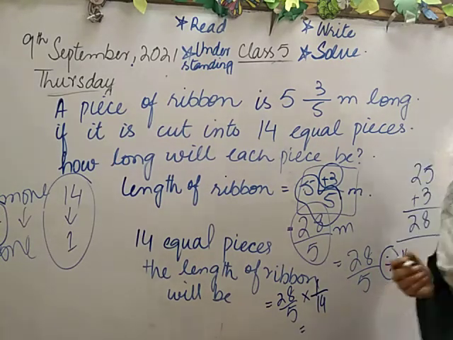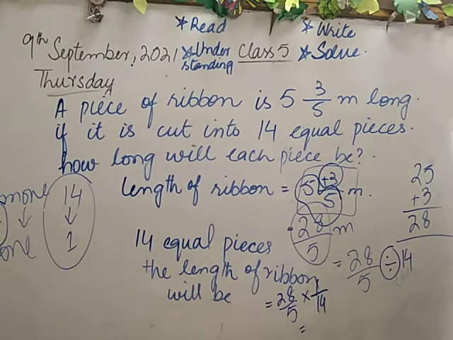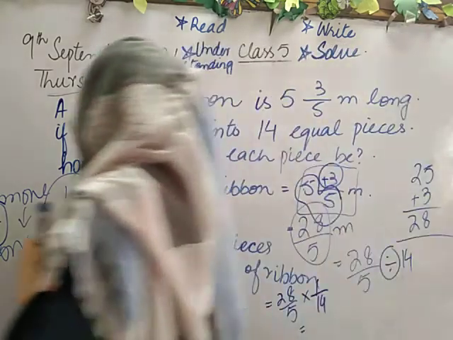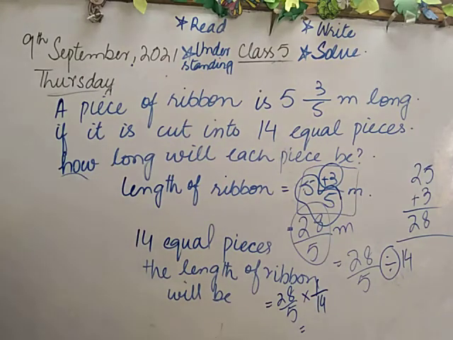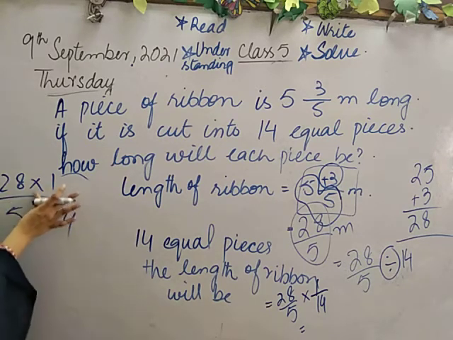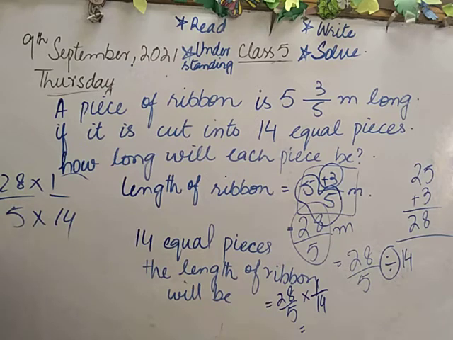Now class, in the next step we will simply multiply the numerators and denominators as well. Like this, 28 multiplied by 1 and 5 multiplied by 14. Or you can write it like this. If you know, class, this will be cut by this because both have the same unit place, 8 and 4, and both satisfy the rule for divisibility by 2.